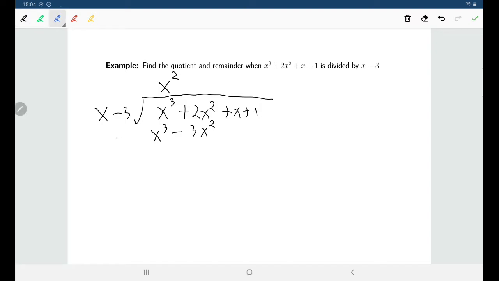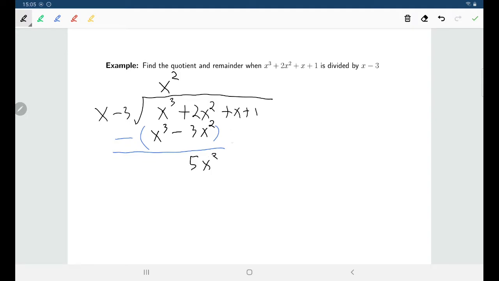When I subtract, I'm going to put brackets around that polynomial because I want to make sure I'm subtracting the whole thing. If I don't put brackets around it, I will probably not subtract negative 3x. I'll probably wind up adding negative 3x, which is not what I want to do. I want to make sure that every term is being subtracted. x cubed minus x cubed, that's gone. 2x squared minus negative 3x squared is 5x squared, positive.